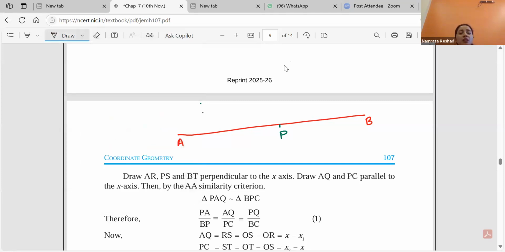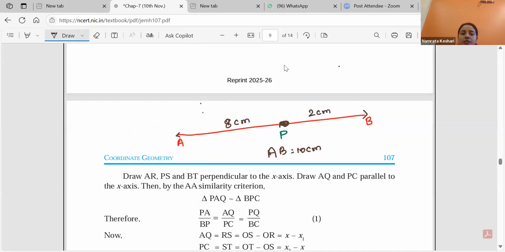Ratio means what? Suppose your AB length is 10 centimeter. The moment you get this point P, you realize that AP became 8 centimeter and the remaining PB became 2 centimeter.